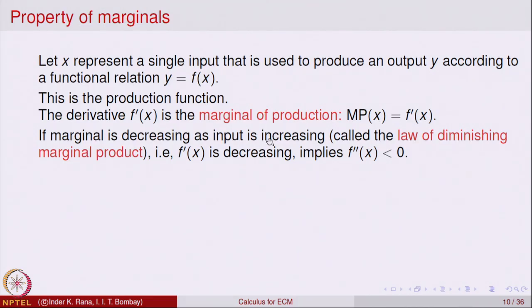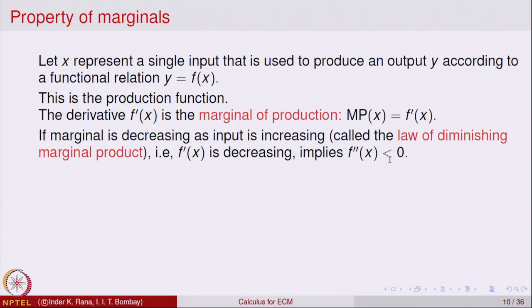If the marginal is decreasing as input is increasing, this is called the law of diminishing marginal product. That is, f dash is decreasing, which implies the derivative of f dash should be less than 0.